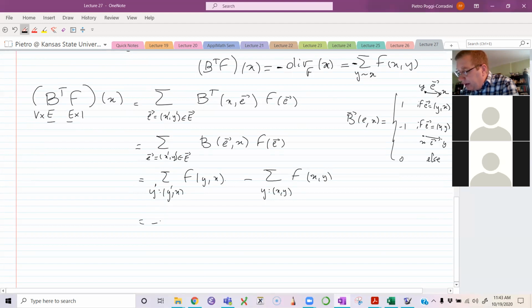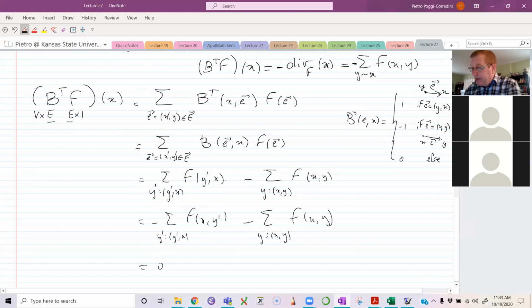These you can switch around as minus f(x,y prime). Then you got this, you leave. And this is the divergence of, well, minus the divergence of f. That makes sense? Yeah.